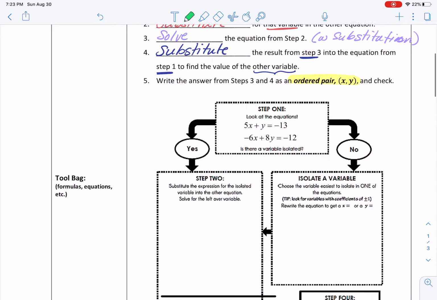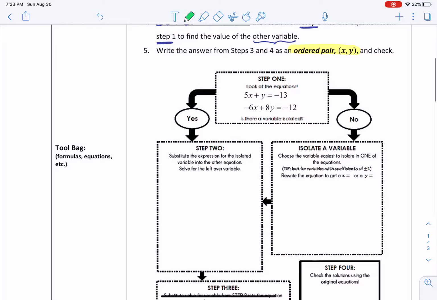So we'll take a system of equations like the one listed here, and we're going to go through those steps to find the solution. So step 1 is to look at the equations. Is there a variable isolated? And our answer is no. So then we have to choose a variable that's easiest to isolate.